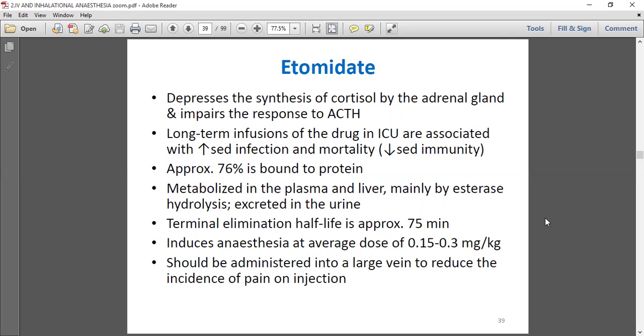Long-term infusions of the drug in the ICU are associated with increased infection and mortality due to decreased immunity. Since cortisol is a steroid, but the drug is reducing the synthesis of steroid, how will it decrease immunity? I would expect that, since steroids are the ones that usually decrease immunity.